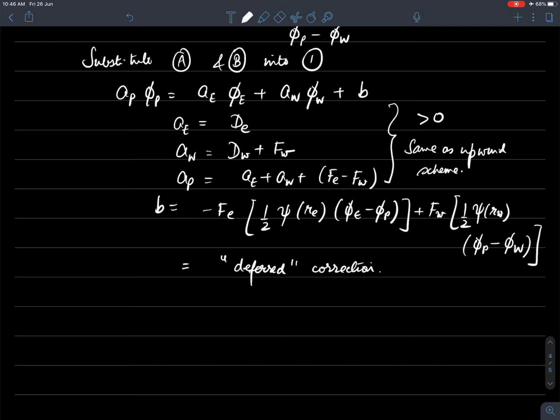Because phi_E, phi_P are the variables that you're trying to solve for, by putting them in B, this system of equations will require an iterative solution. So you guess some solution for phi, calculate B, calculate the coefficients A_E, A_W, A_P, calculate phi based on the discretization equation, and then see whether the solution has converged or not, and keep repeating until the guess converges.